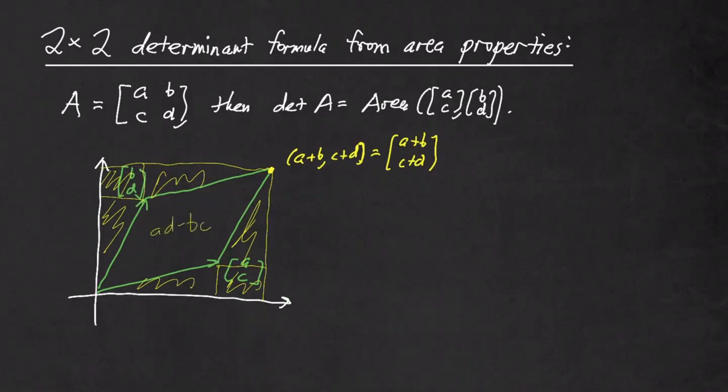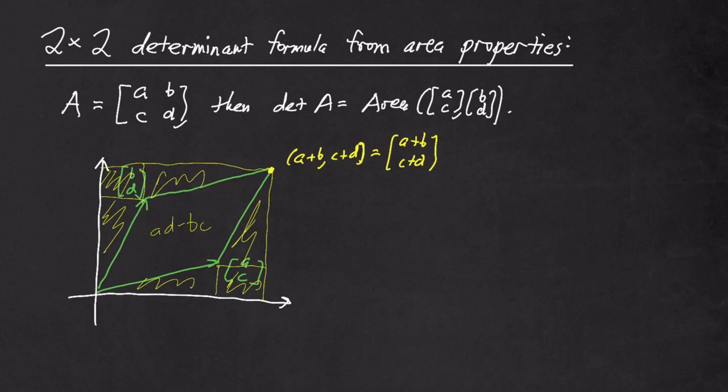But I want to do it a slightly different way. I claim I can derive the formula using these area properties. By all means, you should pause the video and go through the argument to show that if you draw this parallelogram, draw the bounding box and subtract off all the pieces, you do get AD minus BC. But I want to derive it a slightly different way.